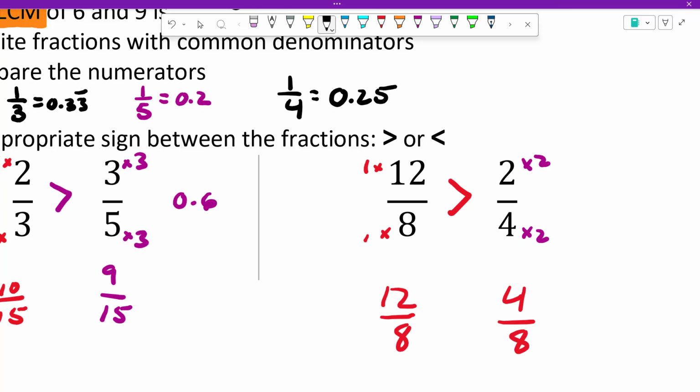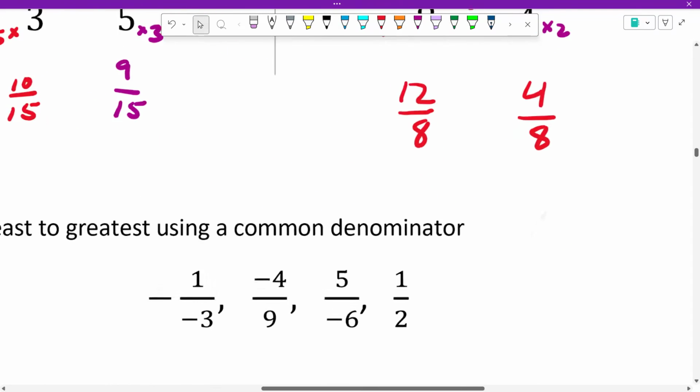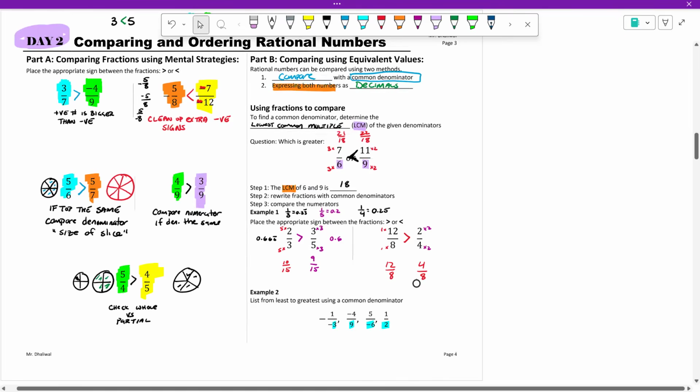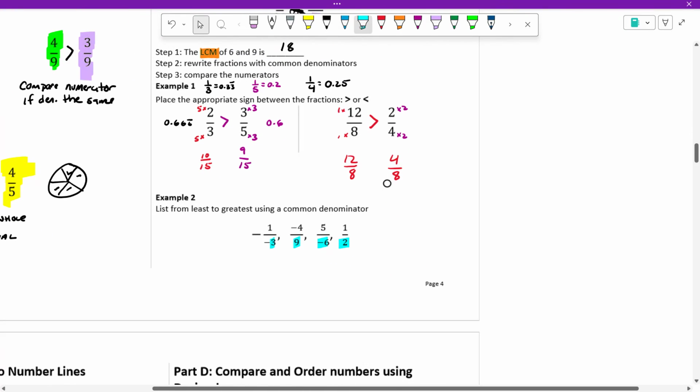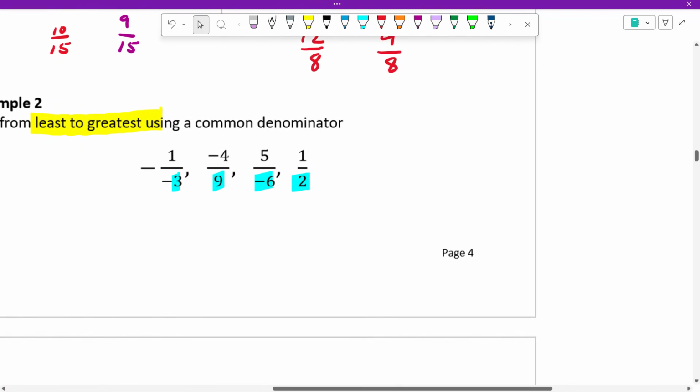Okay, so now, to make things harder, we have these 4 fractions. We want to arrange them from least to greatest, that means smallest to biggest.